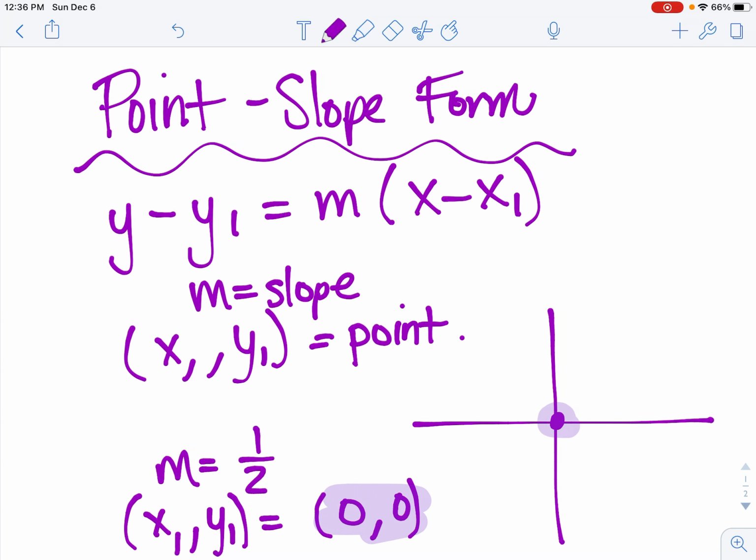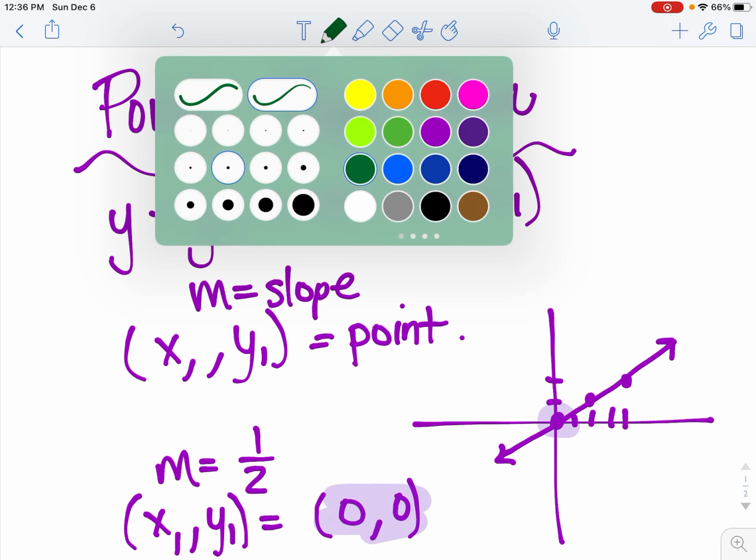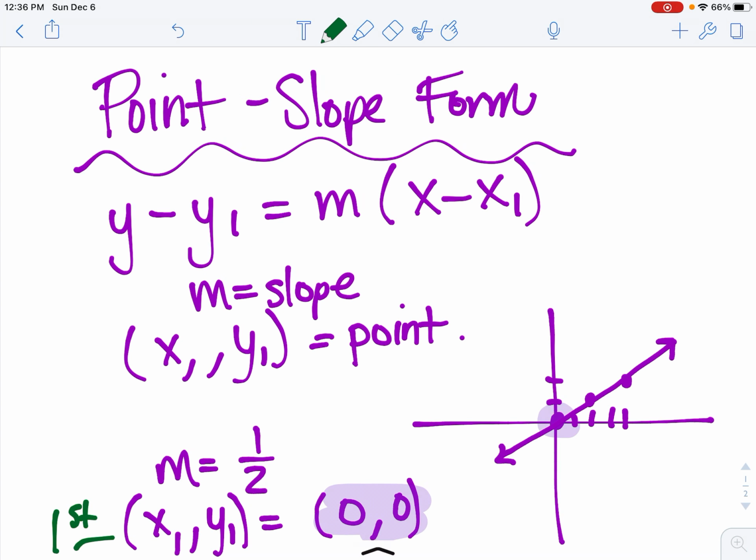That's your first step. Then you're going to use your slope to go up 1 over 2, another point. Up 1 over 2, another point, right, to draw your line. So first comes where you plot your point. The second step is to use your slope to draw your line.